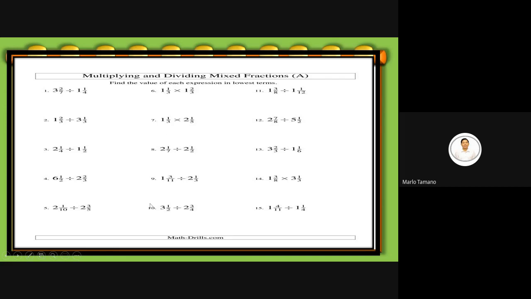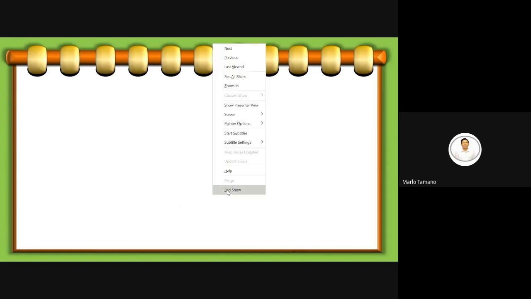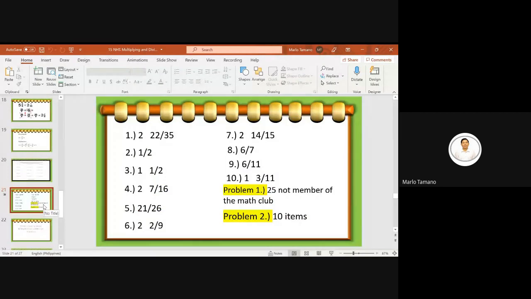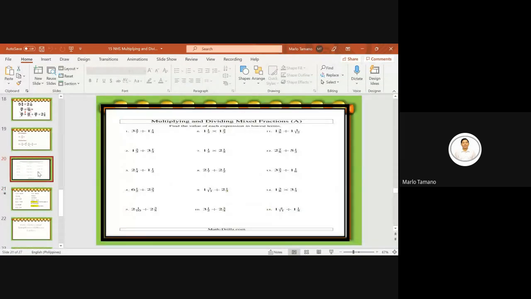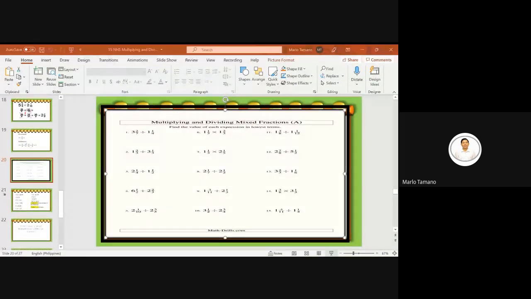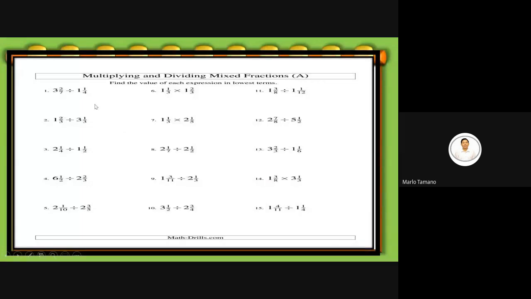May sagot na kayo sa number 1? Wala pa. Ang tagal. Wala pa kayong sagot?